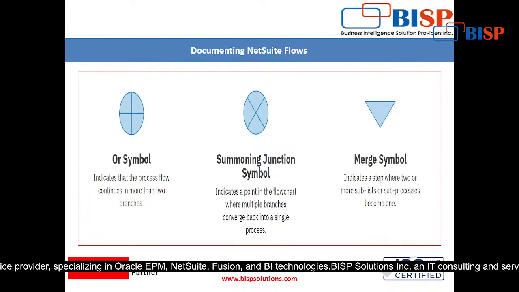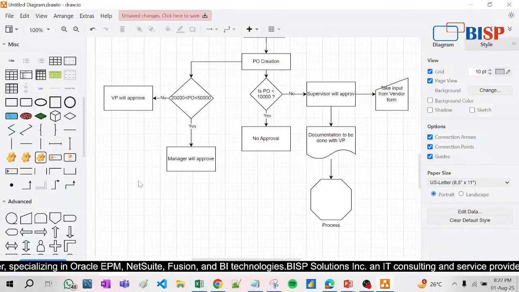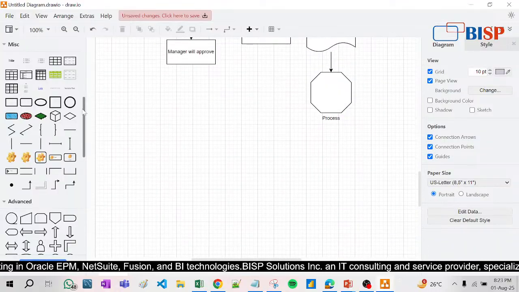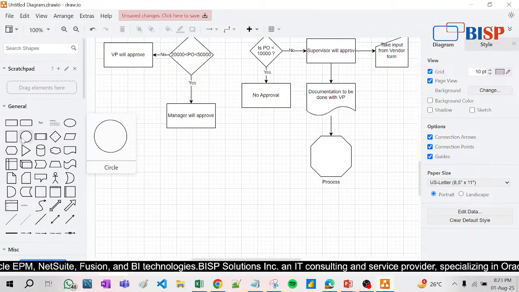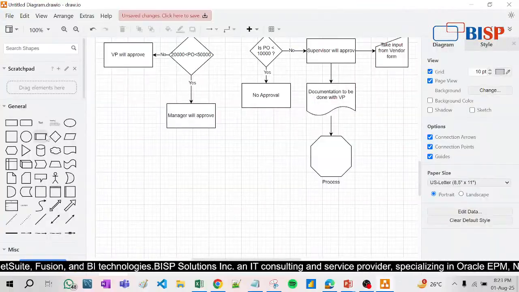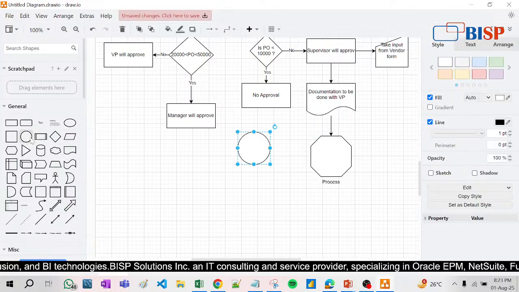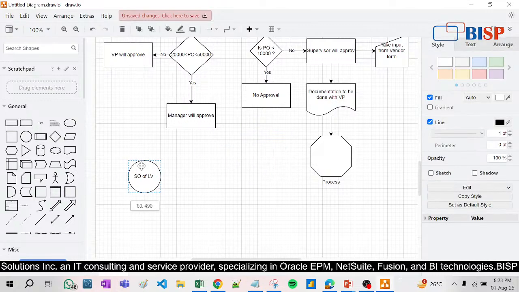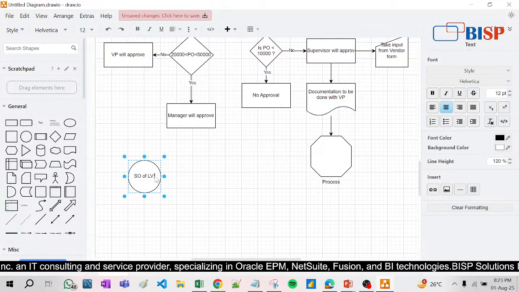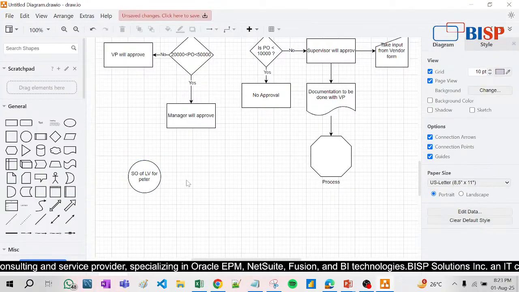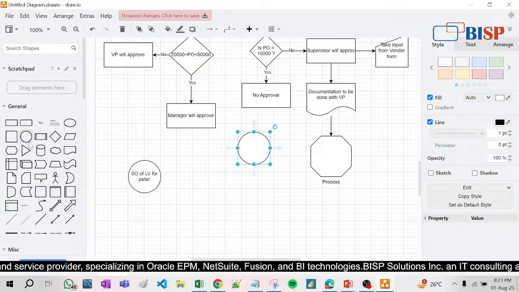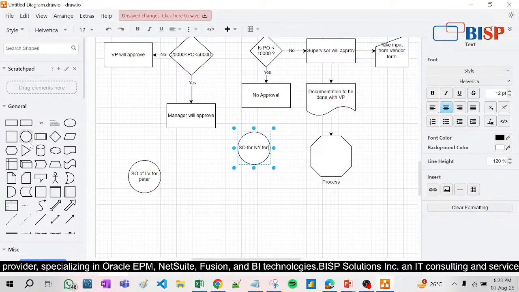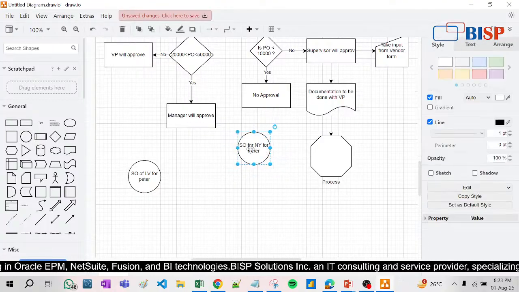For example, let's take one more example. I remember in one of my projects, right? Let me show you one more. Suppose sales order, right? Just a second, merge. Okay, here is one: a sales order from Las Vegas for Peter, who is a customer, and at the same time a sales order for NY for Peter, and both should be sent into one place only, right?